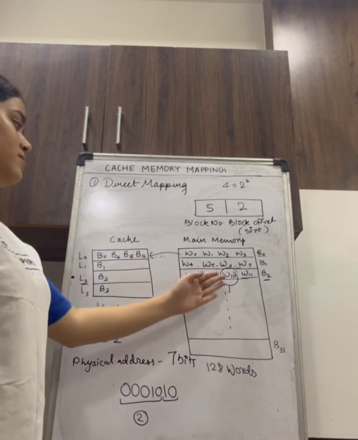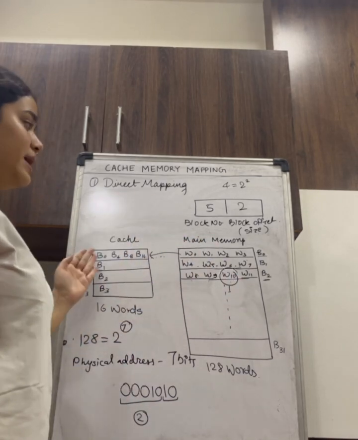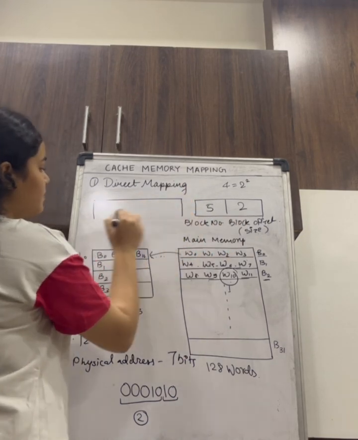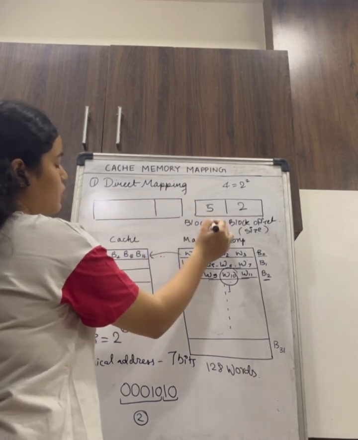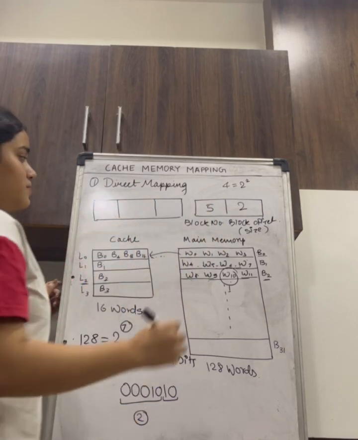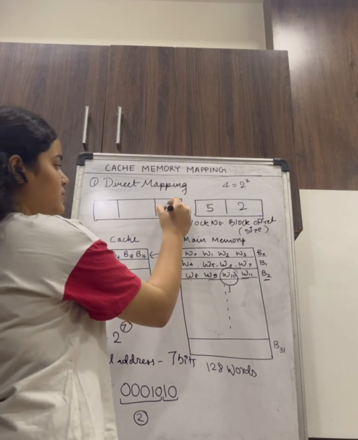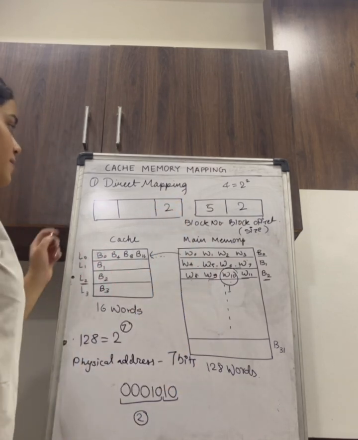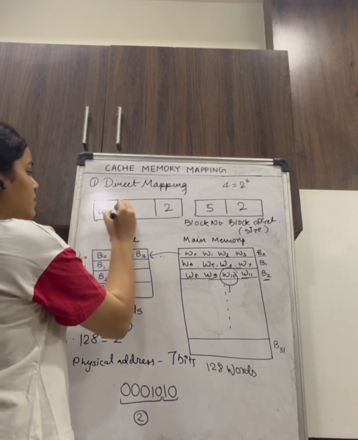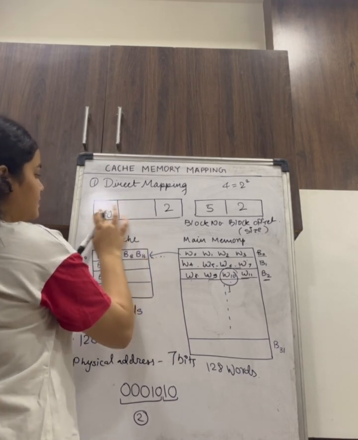Now when this block is mapped to the cache, the address is divided into 3 fields. The block number divides into 2 fields and the block offset remains the same. The block number divides into tag and line number.